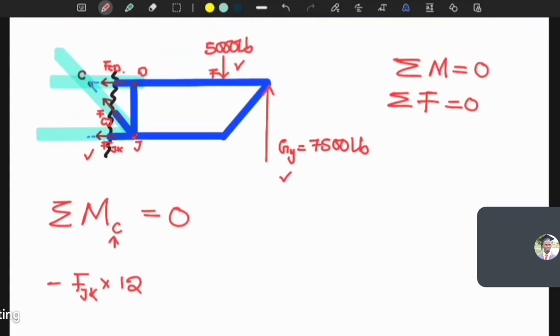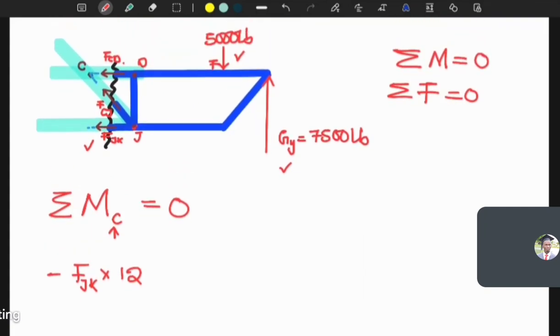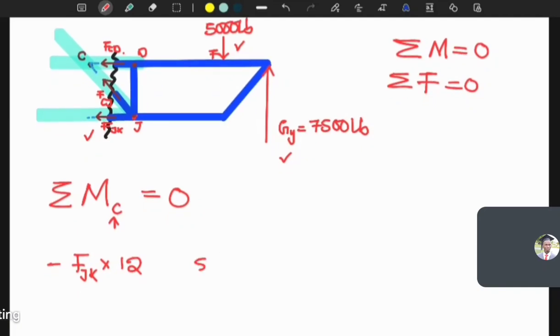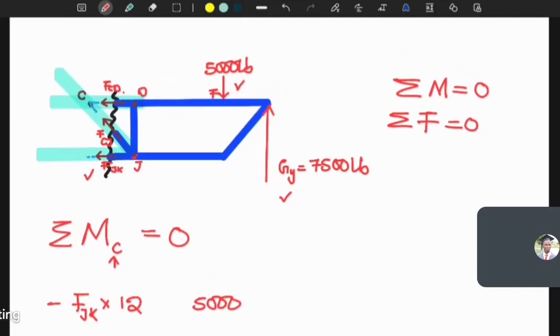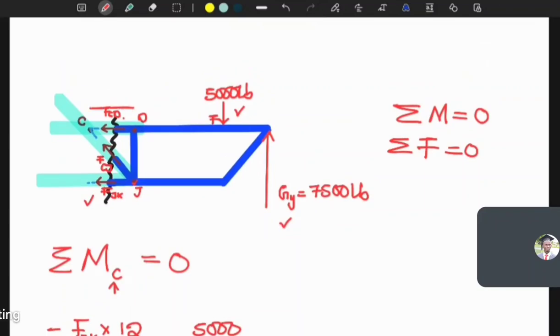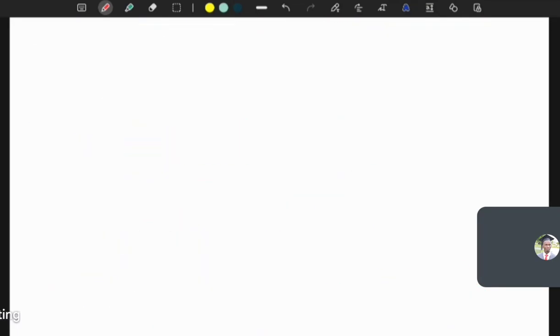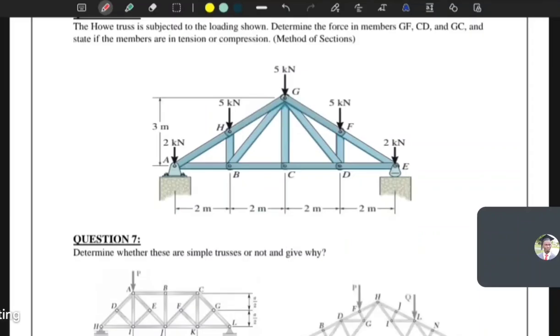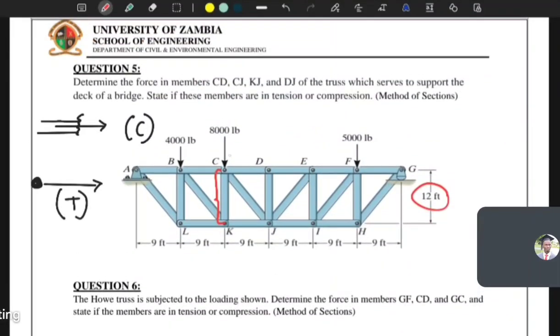Next up, the 5000. The 5000 is vertical. The distance has to be from C up to the line of action of that force. What is this distance? We go back to the original diagram. It's from C, C is here, up to the line of action of the 5000.